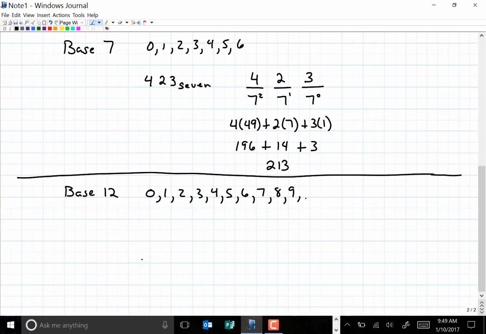I need a symbol that represents 10, and I also need a symbol that represents 11. So I need to have 12 individual single symbols to represent the 12 numbers.